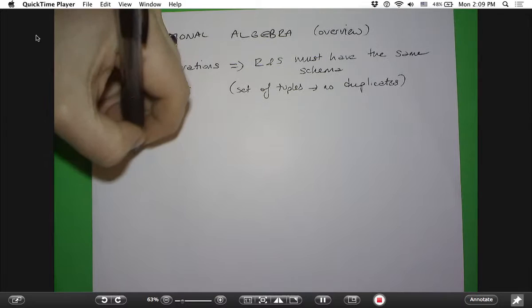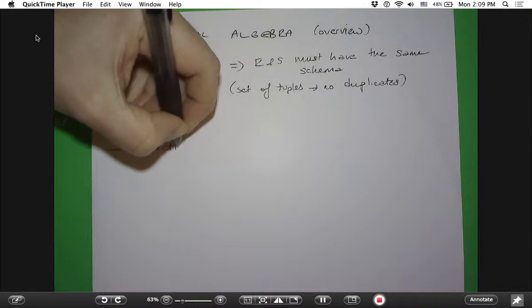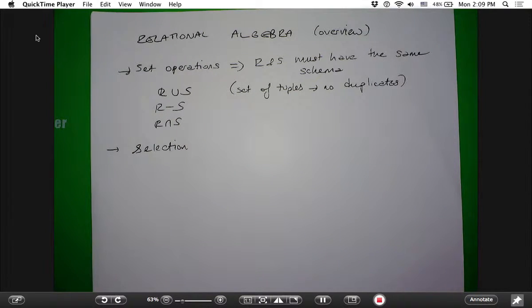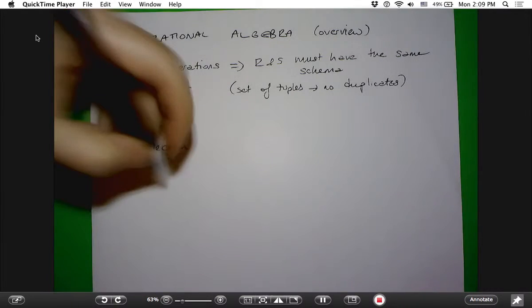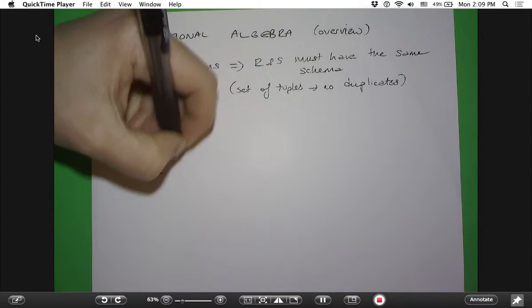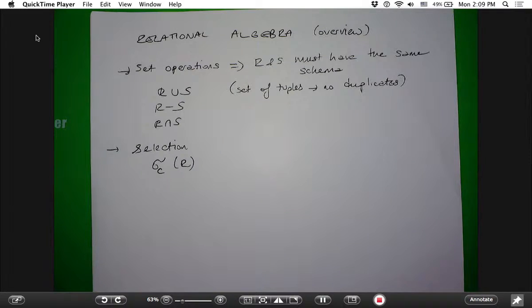Then we learned about selection. Selection applies to a single relation. So we write it with a sigma C of R, where C is a Boolean condition over attributes of R, right? So select all tuples from R that satisfy the condition C. And that condition C refers to a tuple at a time, okay?